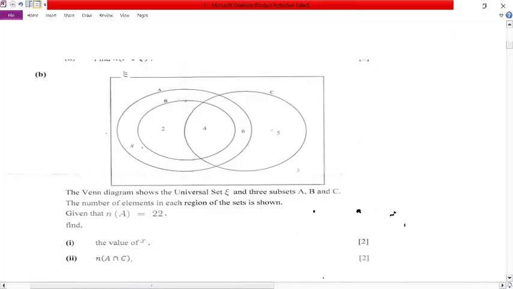If we add all these, we should get 22. So it becomes an equation: X plus 2 plus 4 plus 6 should give us 22. So X plus 12 should give us 22. So X is 10.